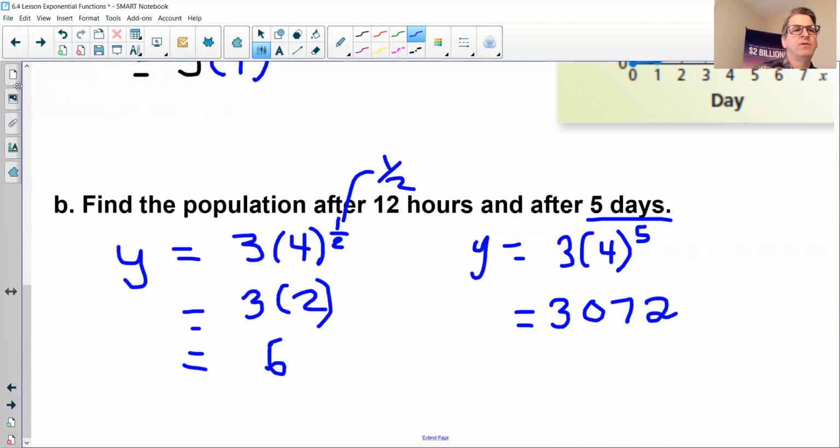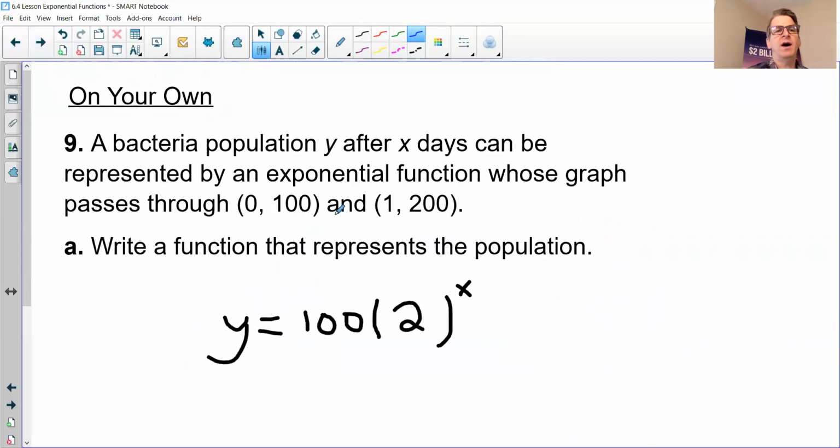And finally today, we'll do one more on your own. A bacteria population y after x days can be represented by an exponential function whose graph passes through 0, 100, and 1, 200.